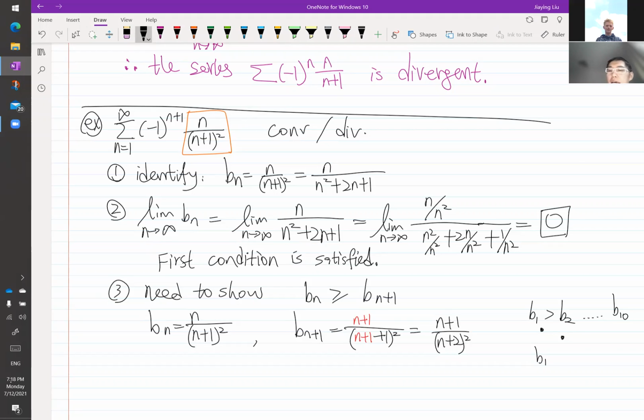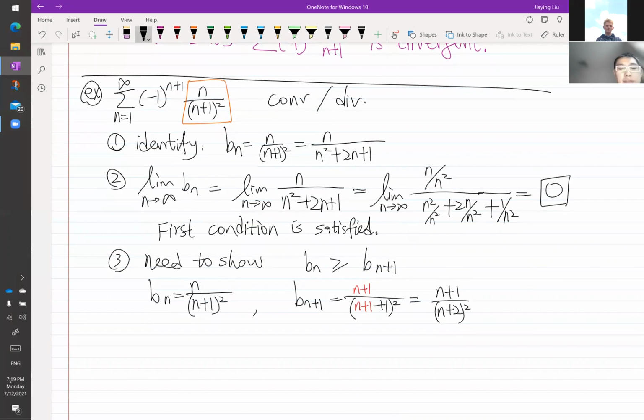What I'm trying to say is that you have to be careful. If you just compare two specific terms, it might not be enough to show that the whole sequence is decreasing, because you might have a sequence that decreases but then increases. I think I showed you one example with quadratics. We have to show that for all n the sequence is decreasing, not just for one. So be very careful with that.